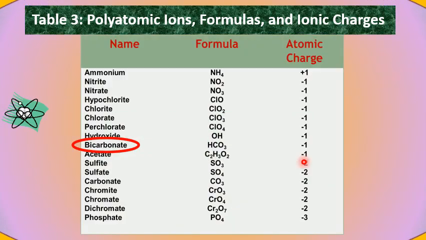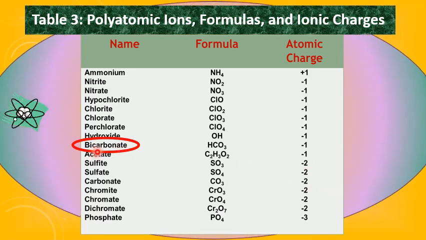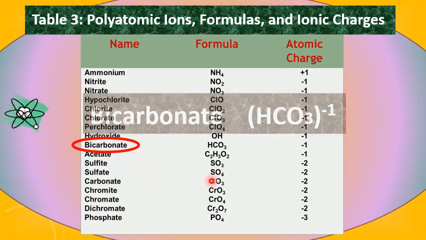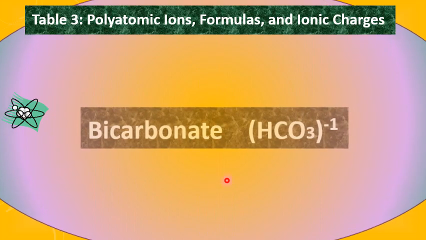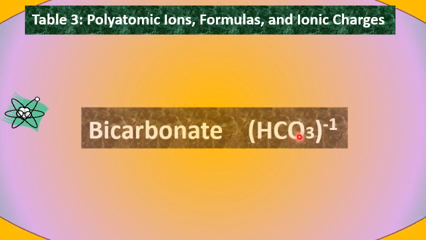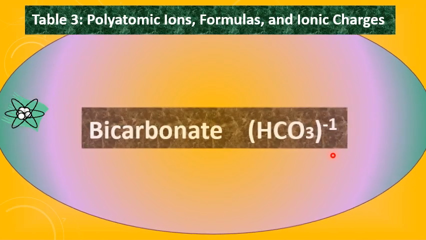Another example is bicarbonate, which has the formula HCO3, and its ionic charge is -1.